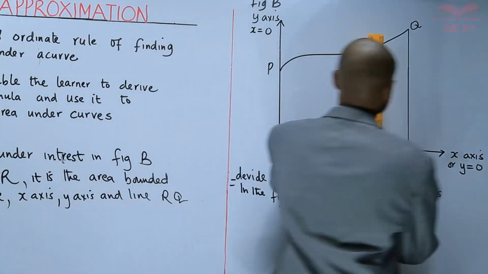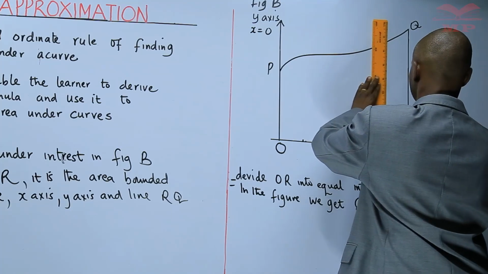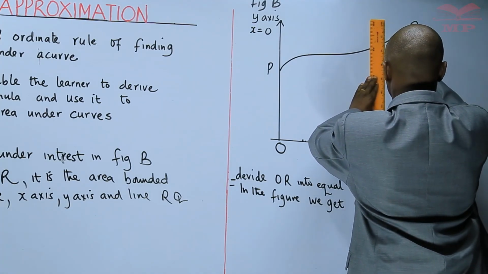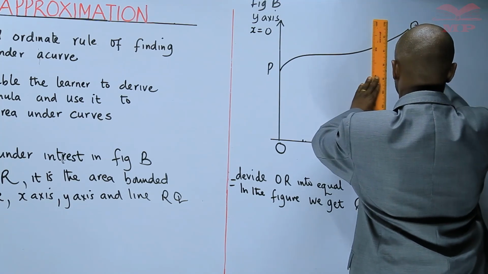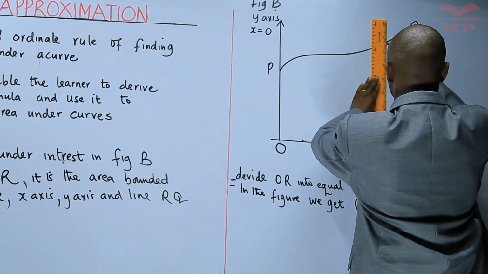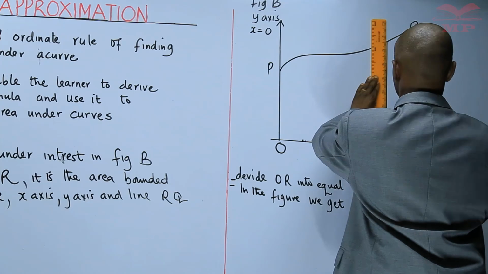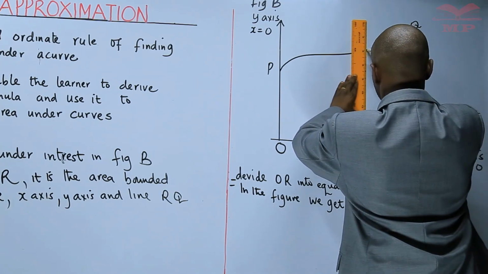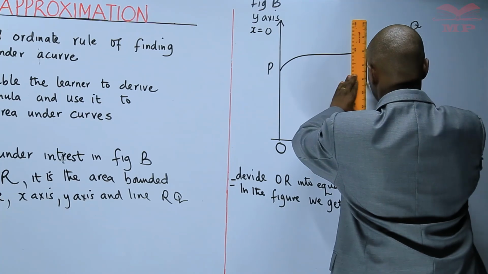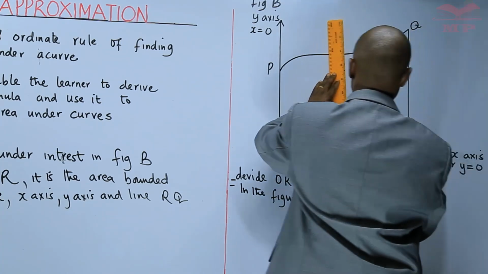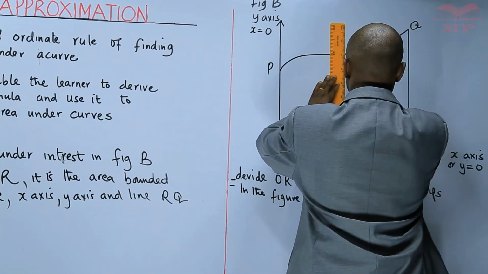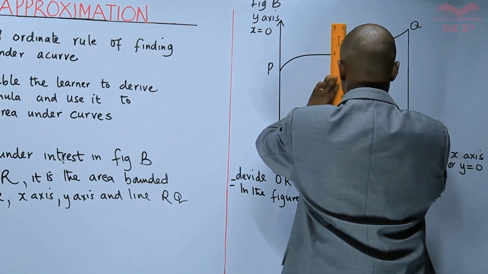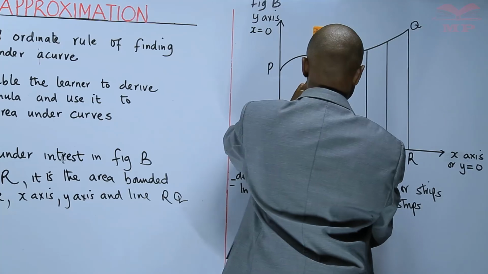So you'll join a perpendicular to the curve. Join that. Join that. Join that. Join that.